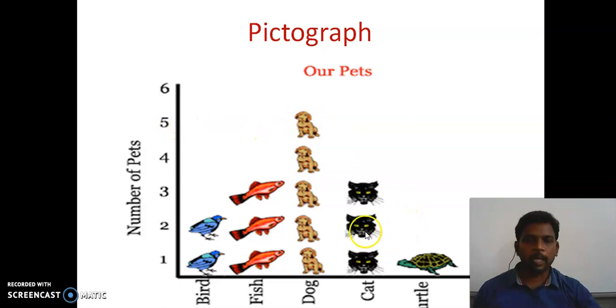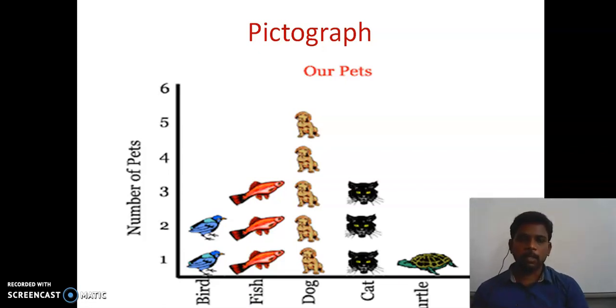Similarly, how many cats are there here? 1, 2, 3. So that corresponds to 3 on the vertical line. And similarly, only one turtle is there, that corresponds to 1. So that is a representation of a pictograph by means of pictures, right? That's why it is called a pictograph or pictorial graph, right?